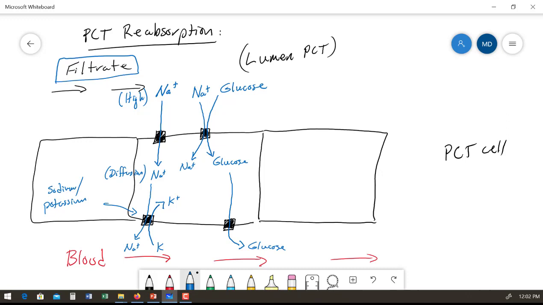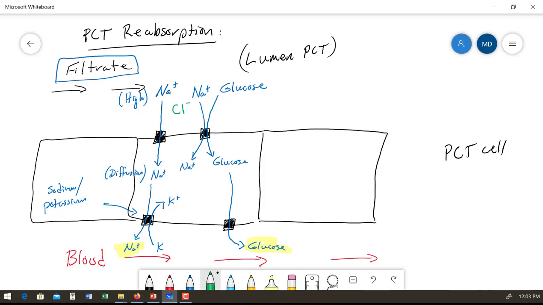Now, the benefit of this is that there's a lot of solutes and water that like to chase after sodium. So you can see that through diffusion and through co-transportation, we're getting sodium and glucose where we want them. They are now in the blood. But there are other things that will chase after the sodium. So for instance, we have too much chloride also in the filtrate up here.